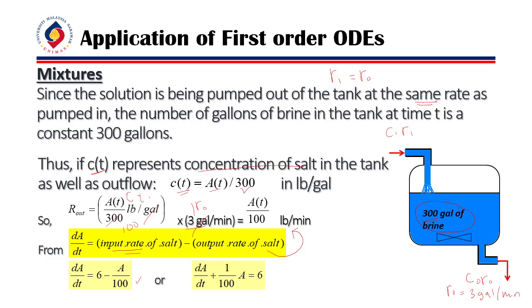So the input rate previously, R in, is equal to 6 pounds per minute, and now R out is equal to A over 100 pounds per minute. So you just plug in R in minus R out, or you can arrange it this way.